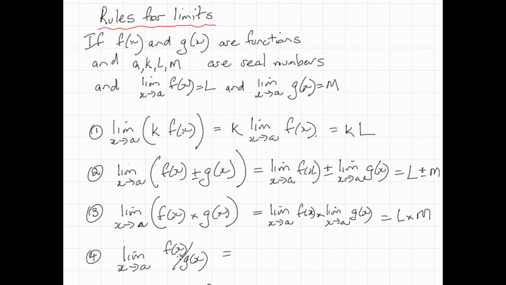Here we have the quotient of the two functions, so that'll be the limit as x approaches a of f of x divided by the limit as x approaches a of g of x. We know that's equal to L and that's equal to m.